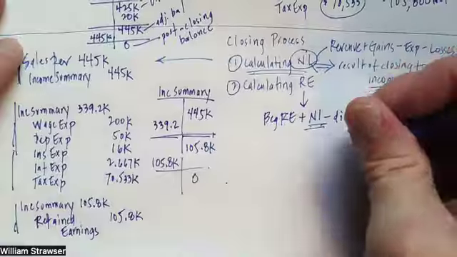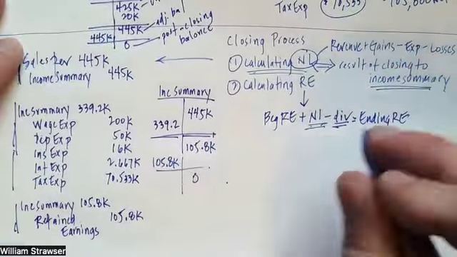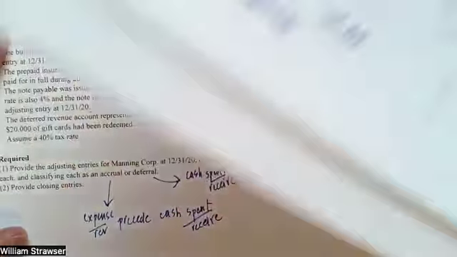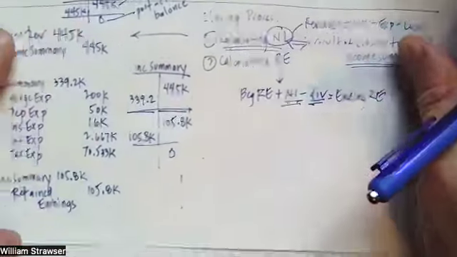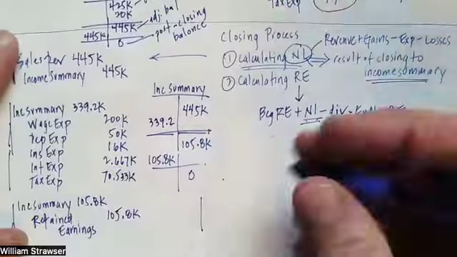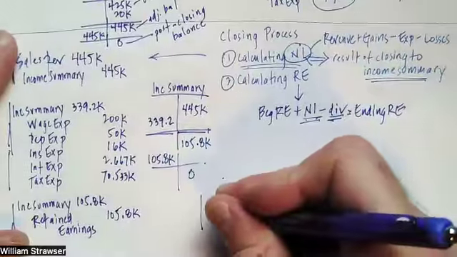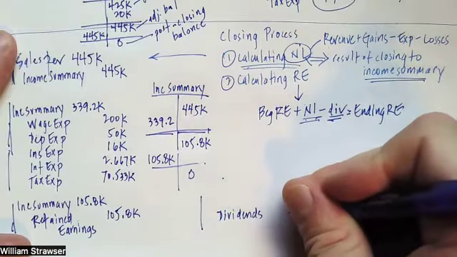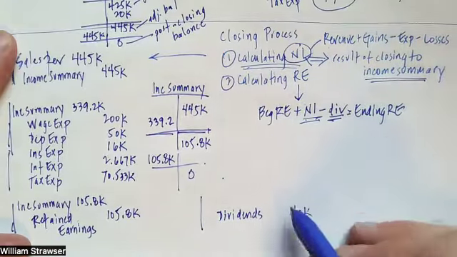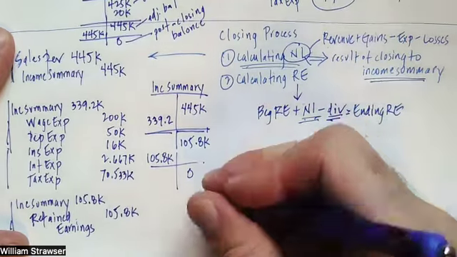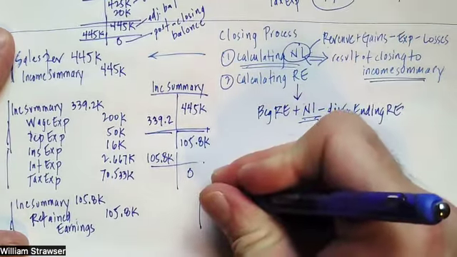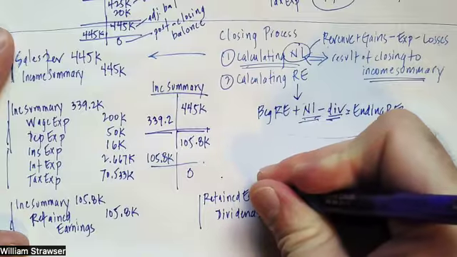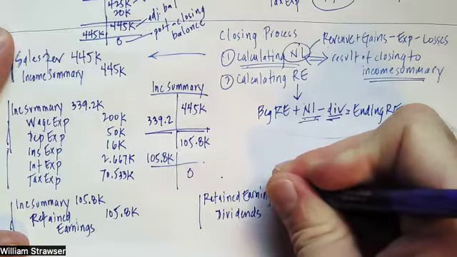And then finally, we need to take care of the dividends piece. We're going to close dividends. In this case, the dividends for this company were 40,000. Dividends is a debit balance account, so we need to credit it to get rid of it. And because now we're calculating retained earnings, it is going to debit retained earnings for 40,000.